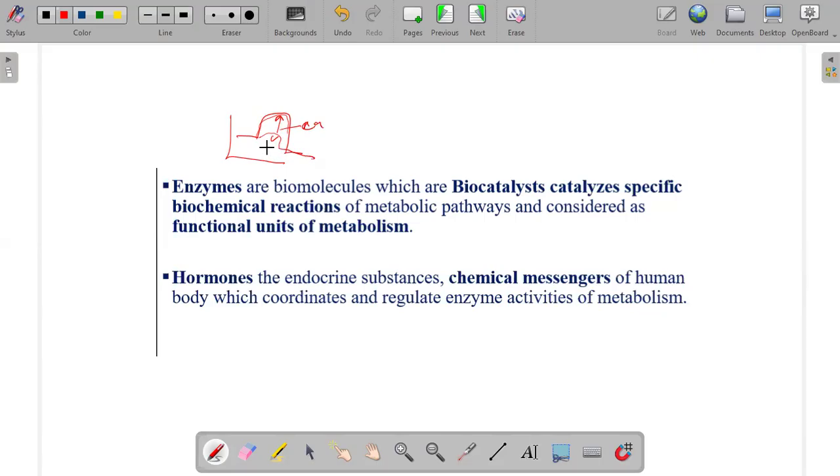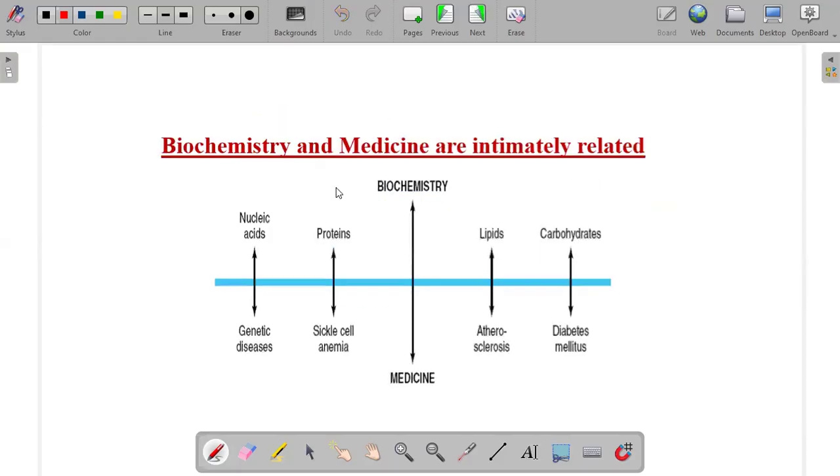That's what we have. Okay, so we also have hormones, which are going to be acting as chemical messengers. Okay, so some of the conditions that we can have if we're having deficiency of some of the biomolecules that we discussed. For example, nucleic acids.